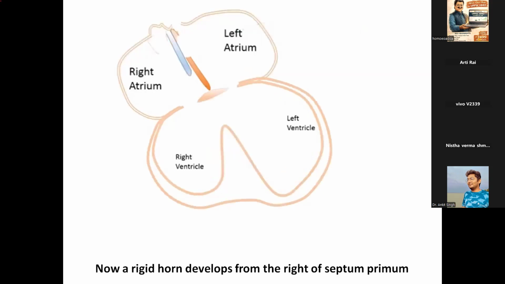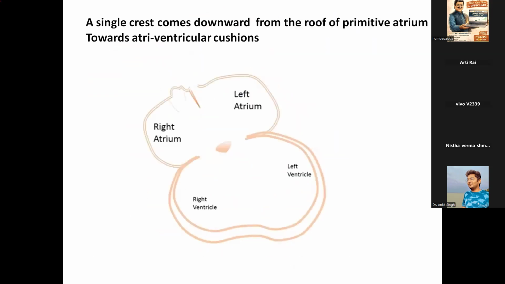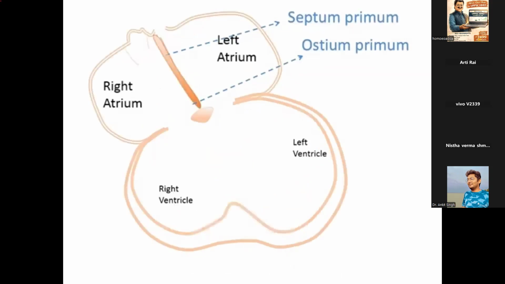And finally, a rigid horn developed from the right of the septum primum. And this is called the septum secundum. Okay. So again, we see first a crest developed towards the atrioventricular cushion. It develops a septum primum and the ostium primum. The ostium primum vanishes and there is a complete septum primum.